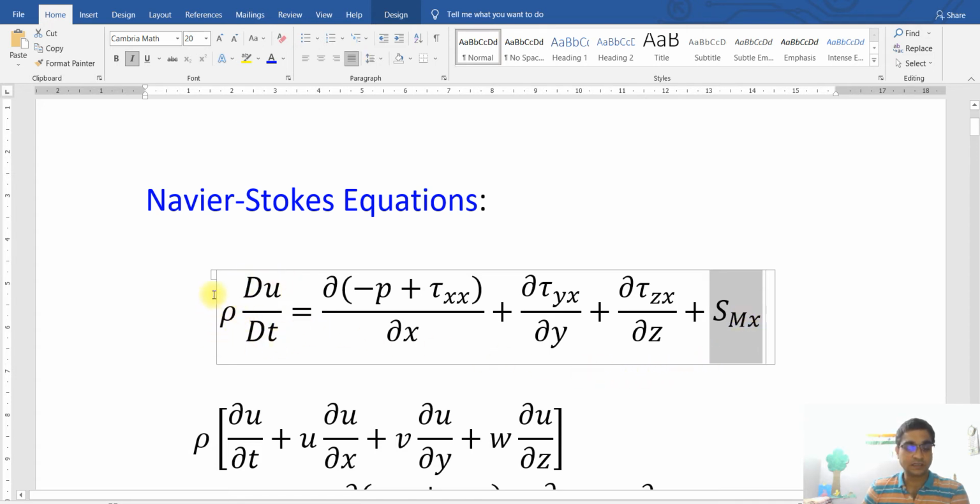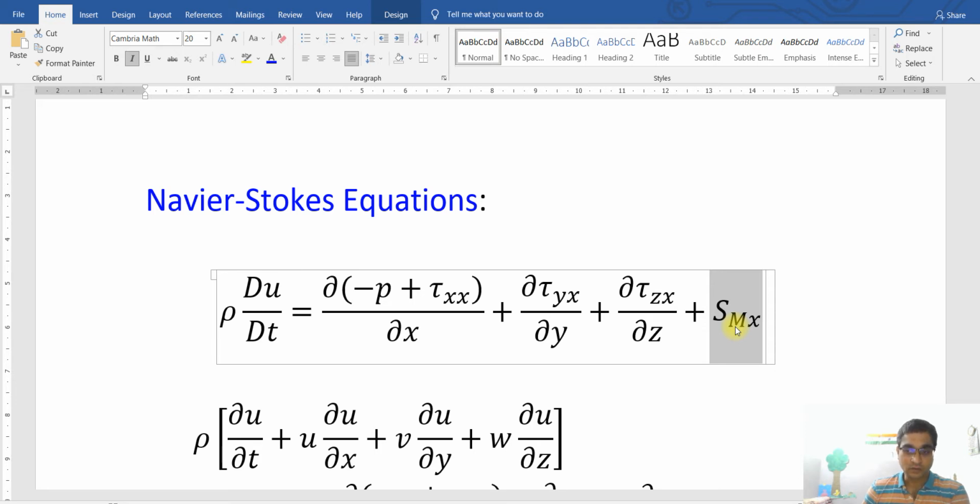As you can see here, this is our rate of change of momentum in x direction: rho times the substantial derivative of u with respect to time equals minus del p over del x plus del tau xx over del x plus del tau yx over del y plus del tau zx over del z plus SMx. This is the body force which may act on the fluid particles.